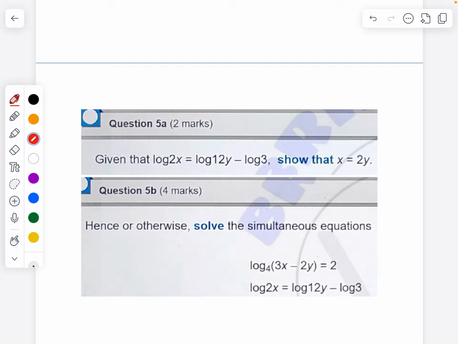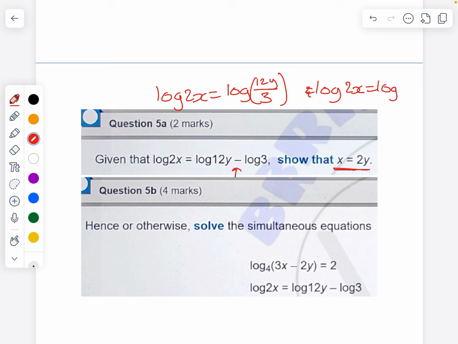So this question has gave you a question and it wants us to show that we can actually just write this as x equals 2y. Okay, first thing I'm going to do, because it says subtract, I need to divide. So I can write that as log 2x equals log, and then 12y divided by 3.